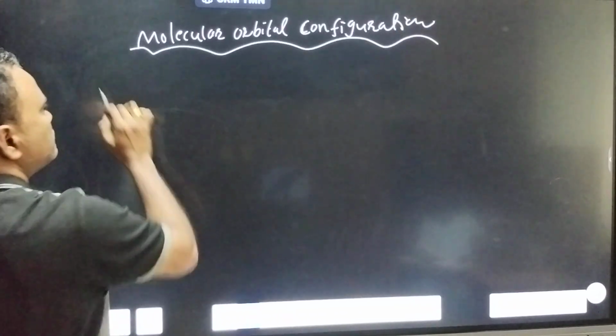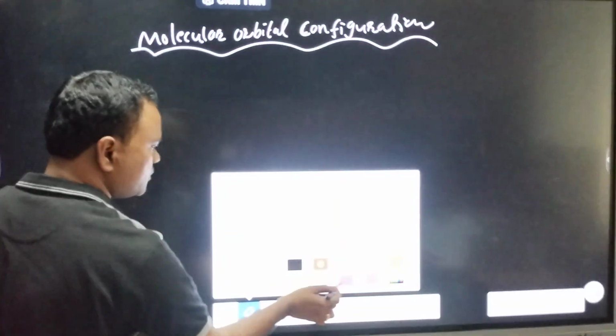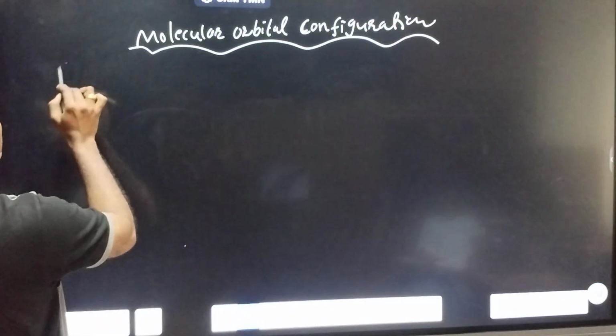We have two cases. What are the two cases? Less than or equal to 14 electrons, greater than 14 electrons.